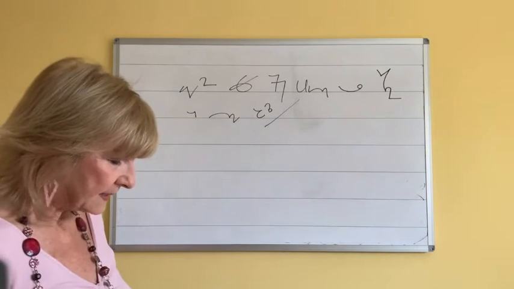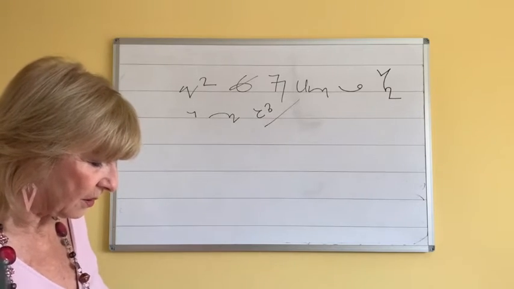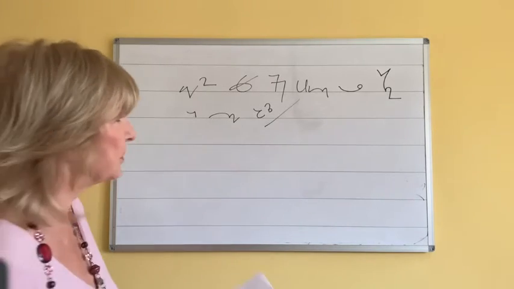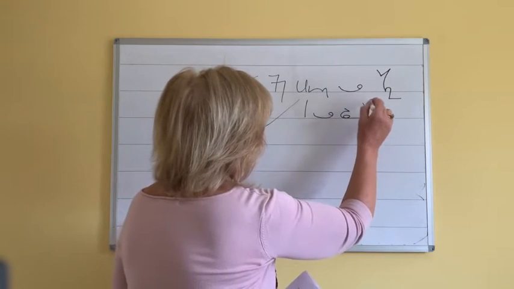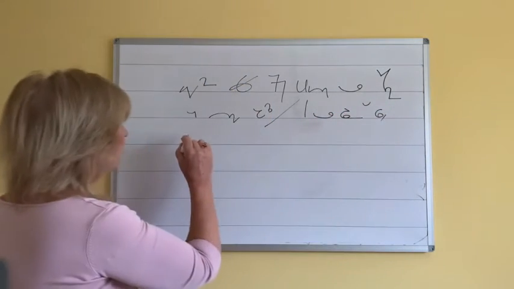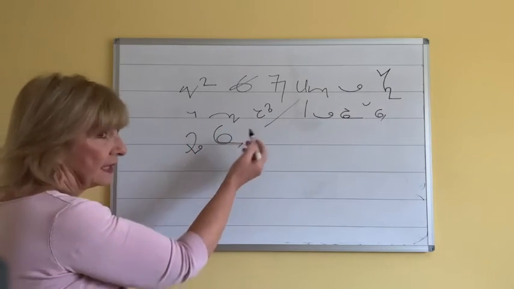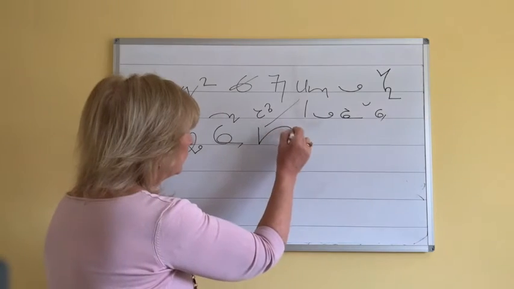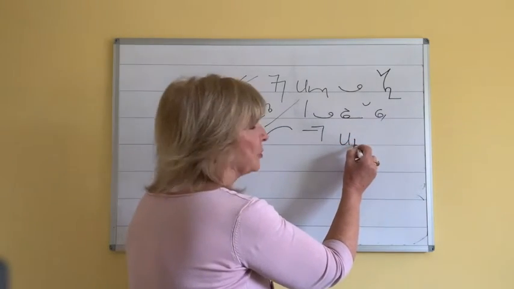The next sentence. He was accused of causing grievous bodily harm to the young woman. He was accused of causing, grievous, the V goes inside, bodily, you don't need the L, kick the L out of it, harm, to the young woman. Now we've done young man by joining it on.